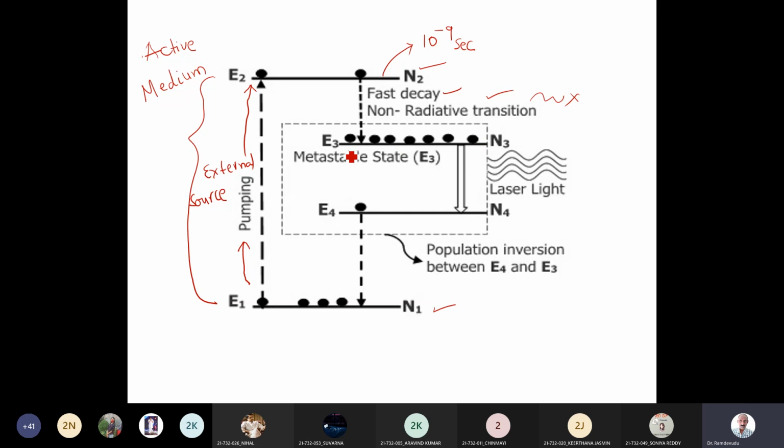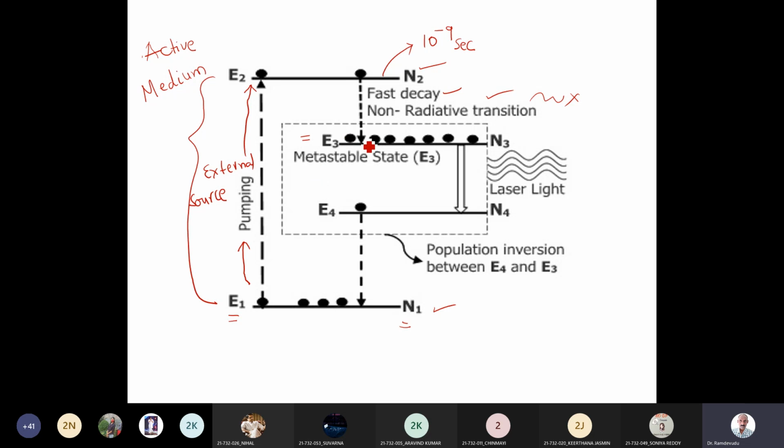That's what we call a metastable state. Metastable state will have a longer lifetime.